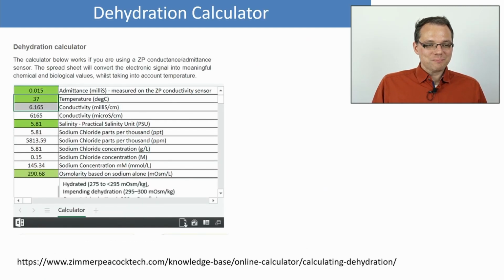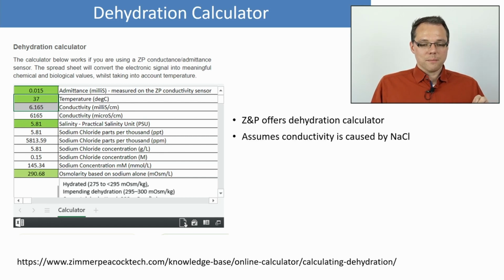You can find on the Zimmer and Peacock website, by the way, a calculator to even calculate the osmolarity, which is, for example, a popular measurement for biologists if they talk about conductivity and salt concentration. This is really helpful, but it has a limitation.